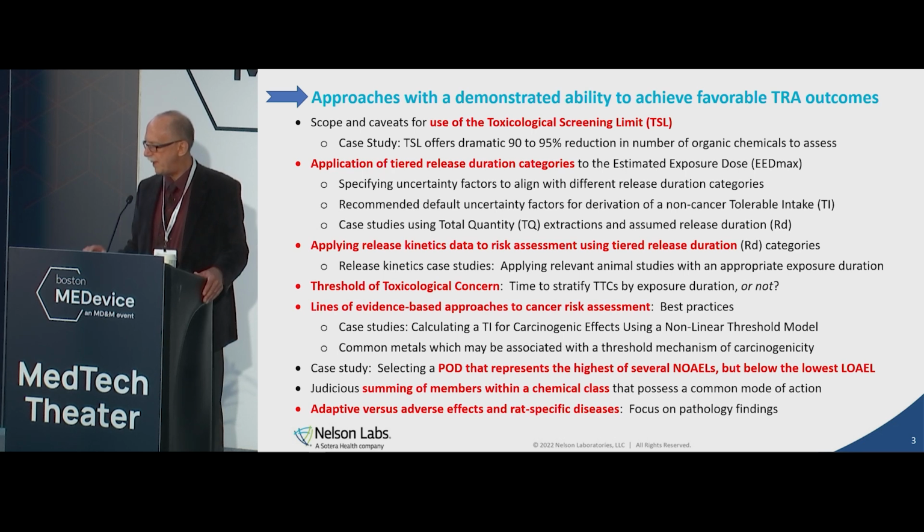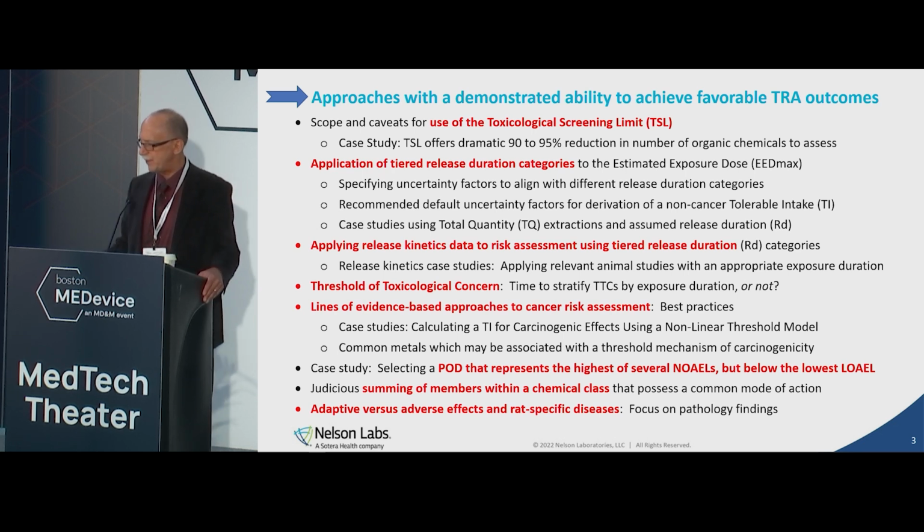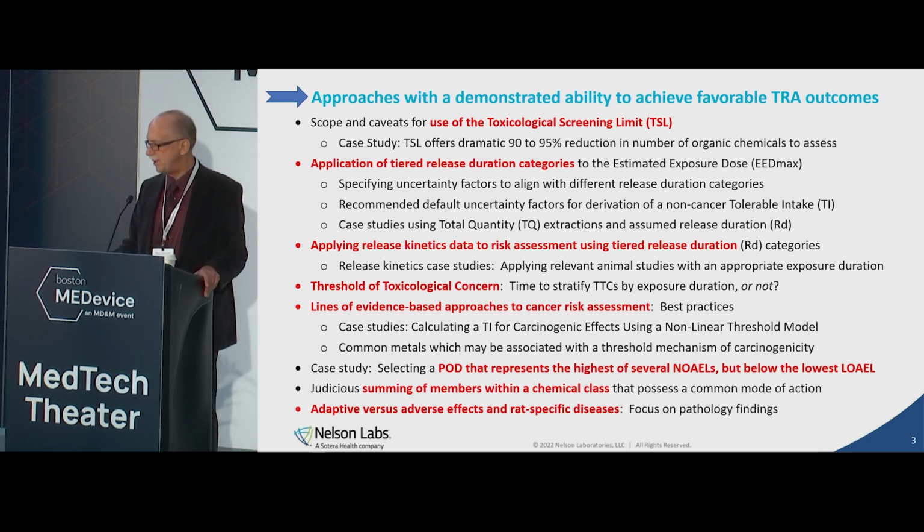The basic outline of the study, which I'm going to go through for the different slides, is that some of the more effective approaches include use of a toxicological screening limit that can dramatically reduce how many chemicals can be assessed in the risk assessment, eliminating many. Application of tiered contact or release duration categories to calculating a patient estimated exposure dose.